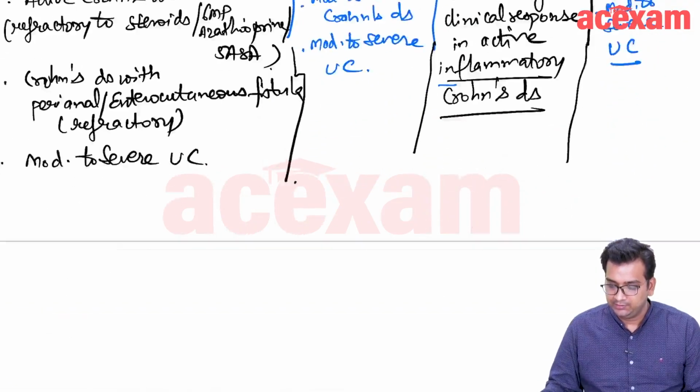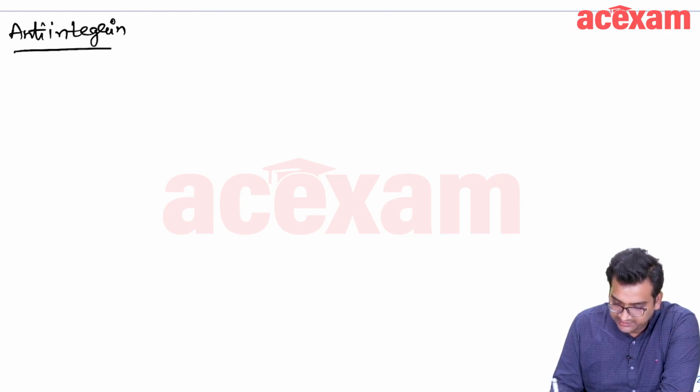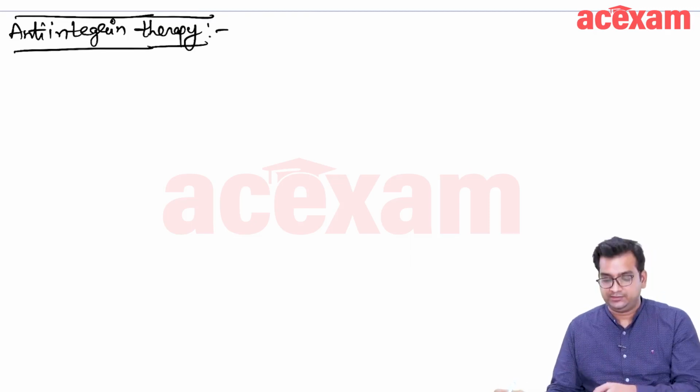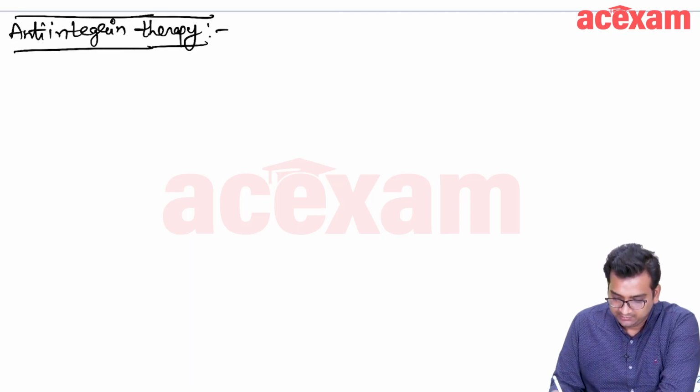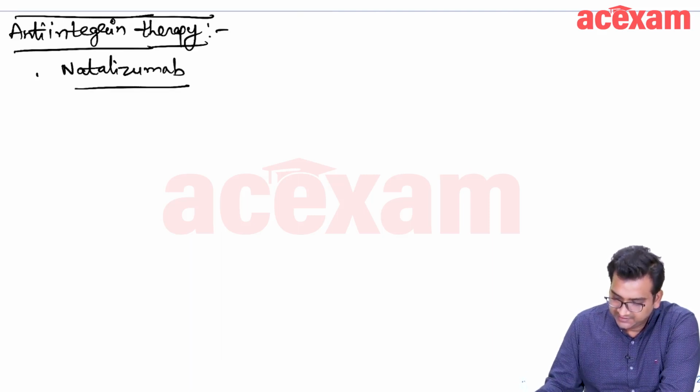Now the next treatment is anti-integrin therapy. Now there are two drugs in anti-integrin therapy. First is natalizumab. Second is vedolizumab.